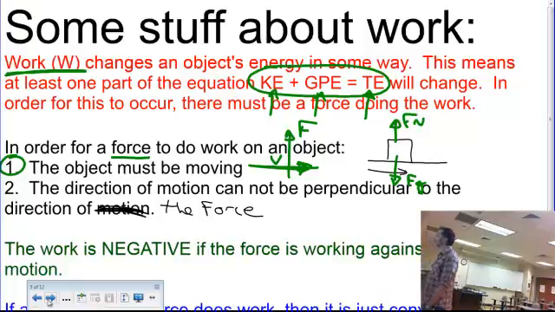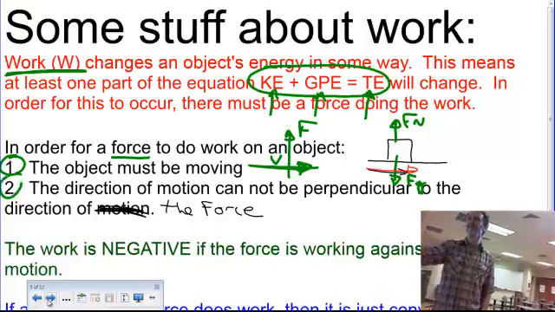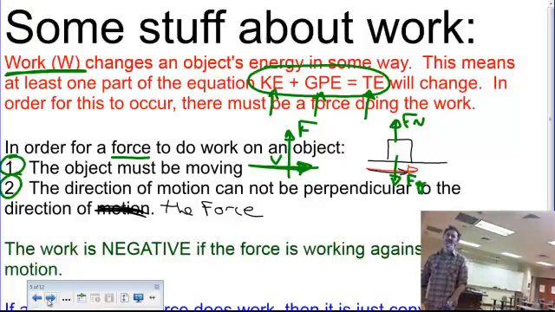Neither of those two forces are doing work because the velocity is this way, and both your normal force and your gravity are perpendicular to that. So in order for a force to do work, you got to meet both of these conditions. The object has to be moving, and the force doing the work cannot be perpendicular to the motion.